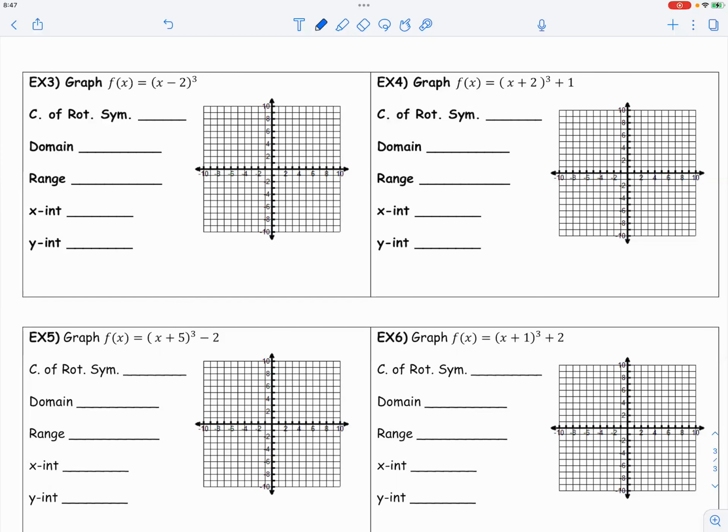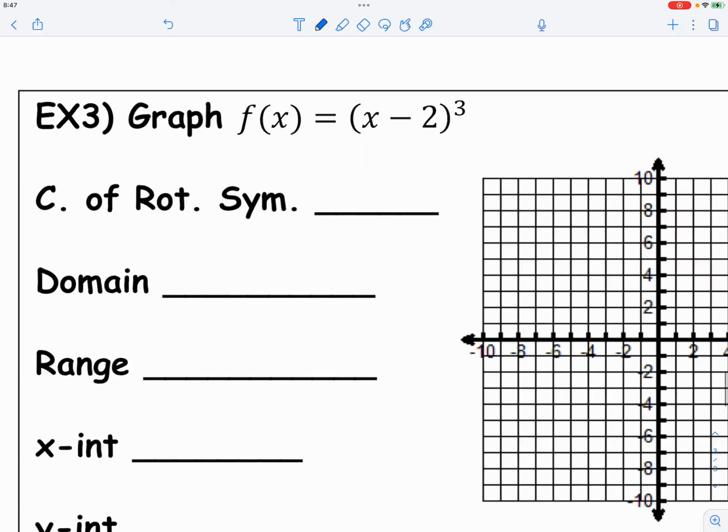Now, for the next four examples, 3, 4, 5, and 6, what I would like to do first is to talk about the transformations for each one, and then we do the graphing. So for the first one, example 3, what is the transformation here?